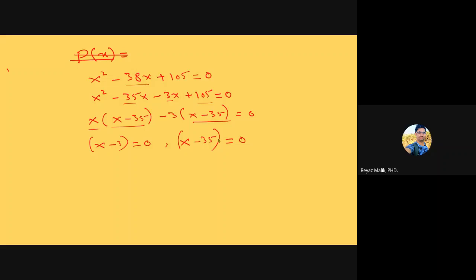If you are unable to understand or feel any difficulty, you need to ask me. Then what is the final conclusion? x equals 3, x equals 35. We have got this on our board.